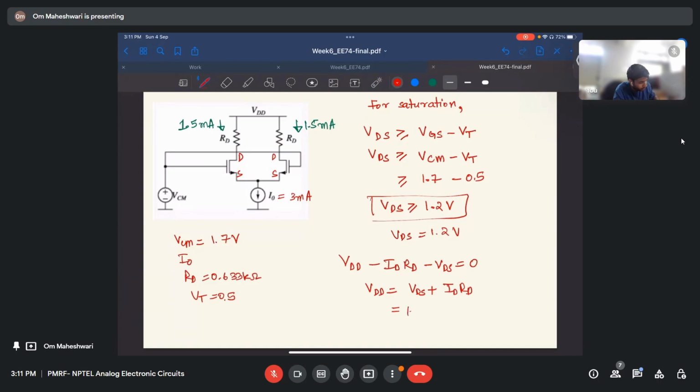So VDS is 1.2, ID will be 1.5 milliampere, times RD, 0.633 kilo ohm. That is 1.2 plus 0.95, so VDD is 2.149 volts.